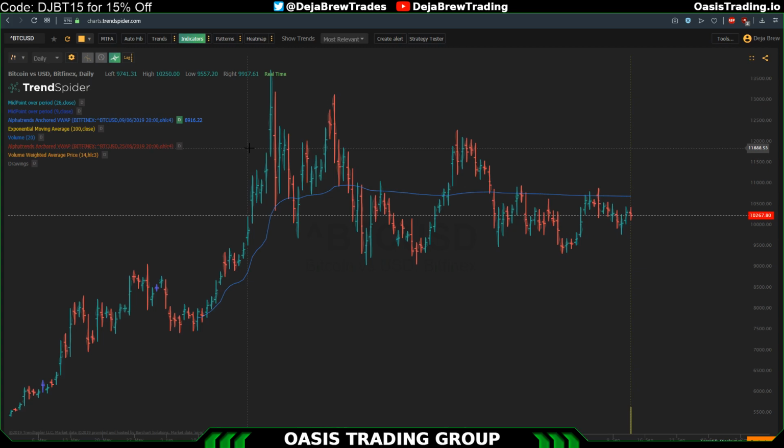So another anchored VWAP that you can take is the high candle. I have that one right here. You can see that the people who started trading from this high, your average price is going to be around 11,000.